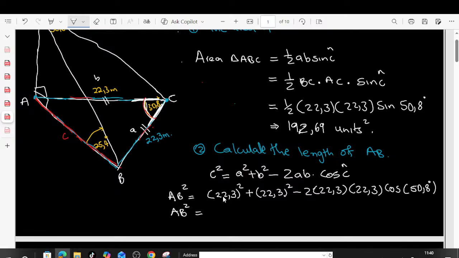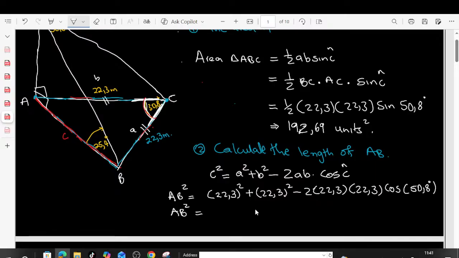So we need to punch that on the calculator and get what AB squared equals. Then that's when you can square root both sides. I hope everyone is happy with that. So if I put this on the calculator, let me see what I have: 22.3 squared plus 22.3 squared minus 2 times 22.3 times 22.3 times the cos of 50.8.